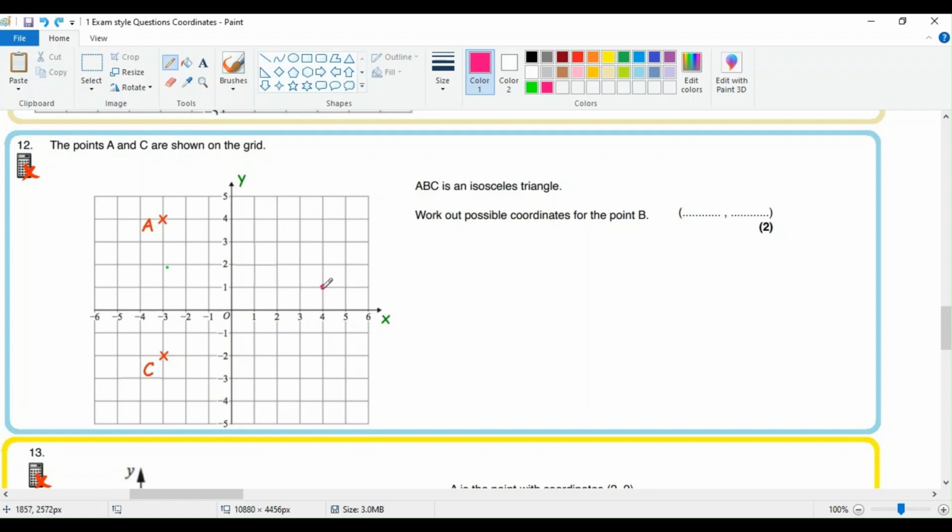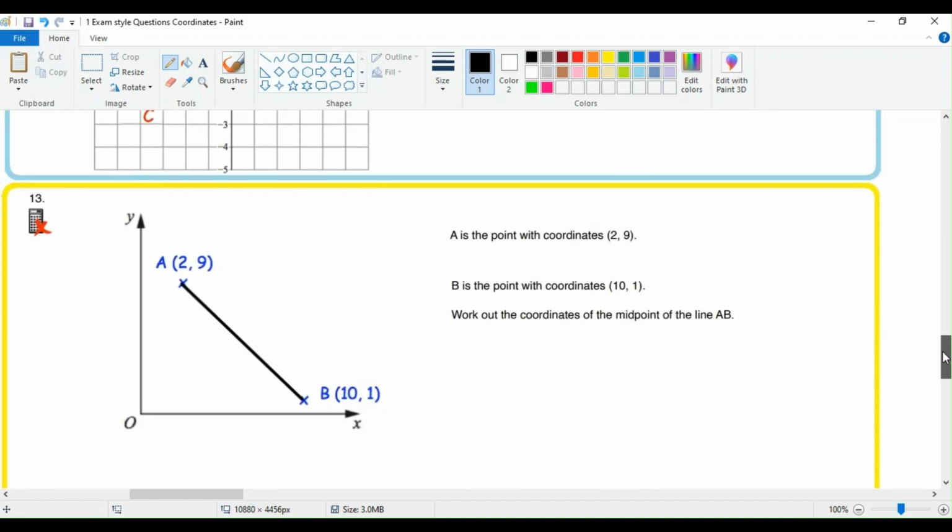For example, over here you can also take this one, and once these three lines are joined together, they are going to make an isosceles triangle, something like this. As you can see, both these two sides are equal, and the point is going to be plus 4 and plus 1. That means 4 and 1, these two are the coordinates.